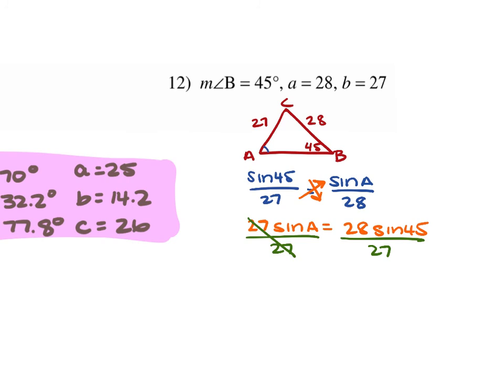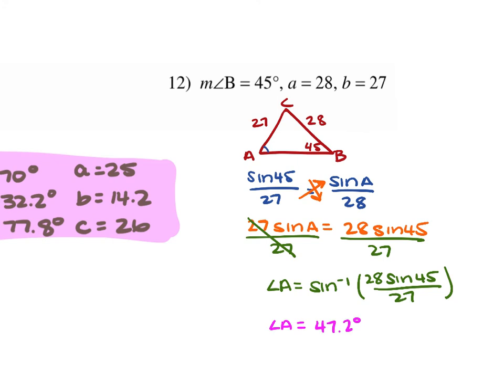From here, we would take the inverse of that. Angle A is going to equal the inverse sine of 28 sine 45 over 27. This gives us 47.2 degrees.